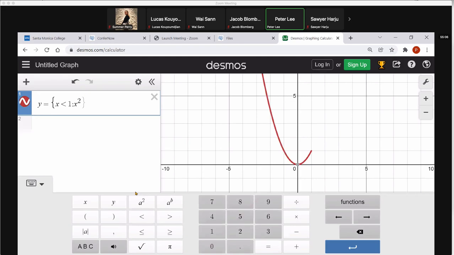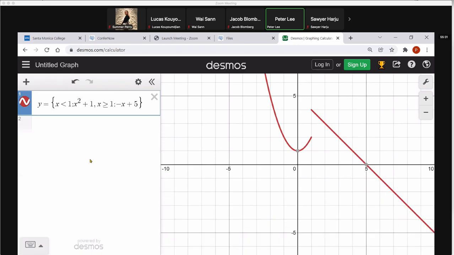And I'm going to teach you how to draw these piecewise defined functions. This is a piecewise function, and then comma, and then x is greater than 1. And then what is it? The minus x plus 5. And then we get this. Yeah, this is very good. So right now we are doing example 11.